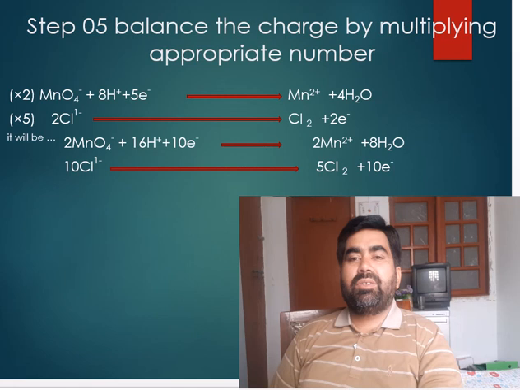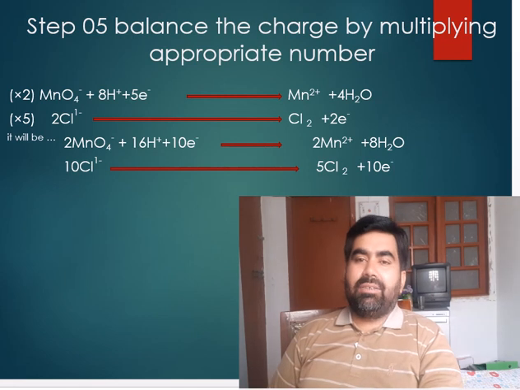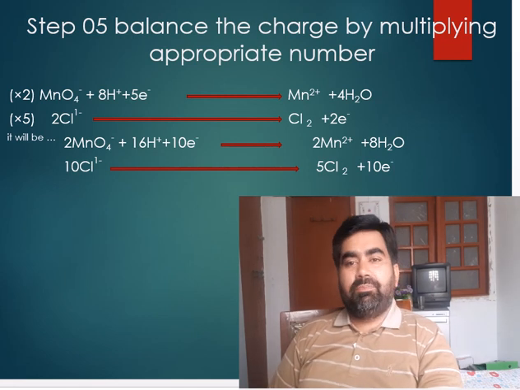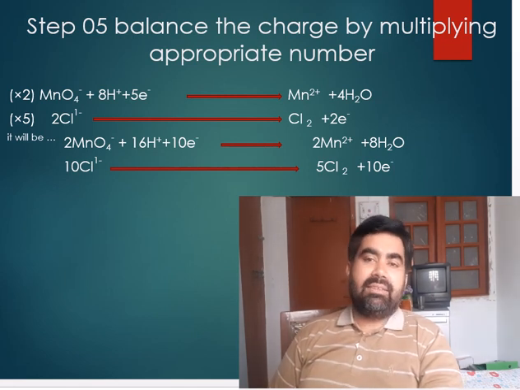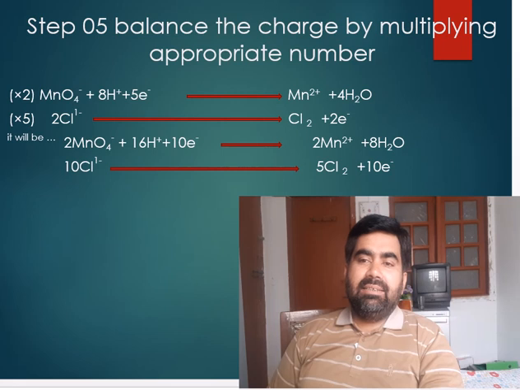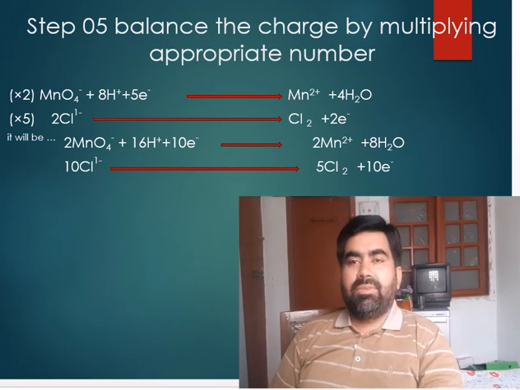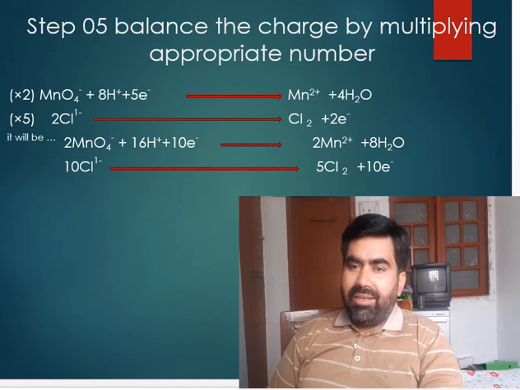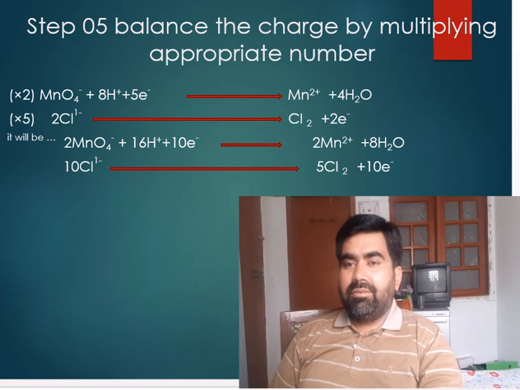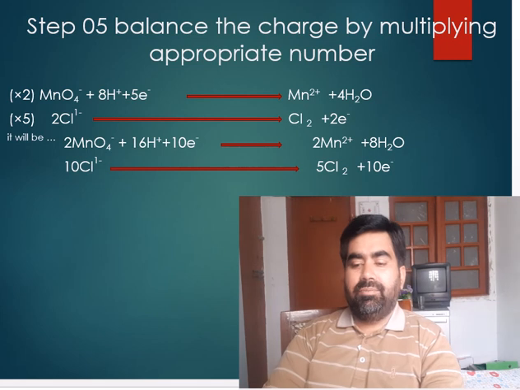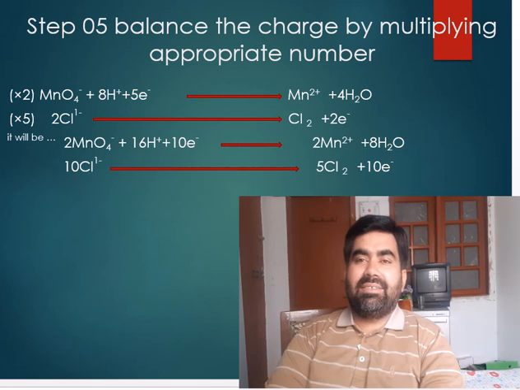It will be 2 manganese oxide, 16 H plus and 10 electrons on the reactant side, and 2 manganese and 8 water molecules on the right hand side. Second portion of the equation: 10 chlorine ions on the reactant side, and 5 chlorine molecules and 10 electrons on the product side.